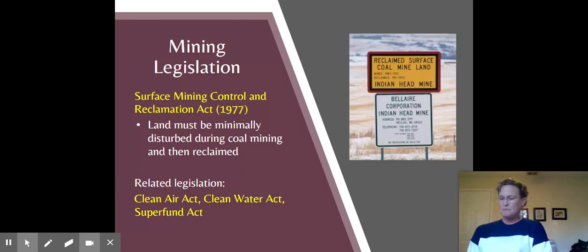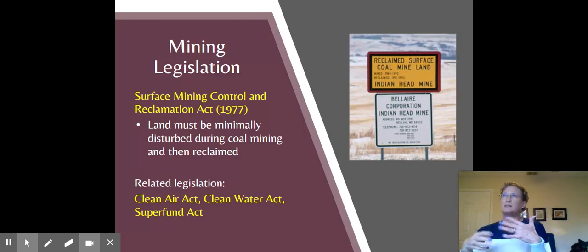The big thing you had to do with the Surface Mining Control and Reclamation Act was reclamation. When you mined an area, you had to reclaim it. Now, reclaim is different from replace and repair. You didn't have to restore it to its natural habitat or replant every single tree, but you couldn't just leave it decimated.